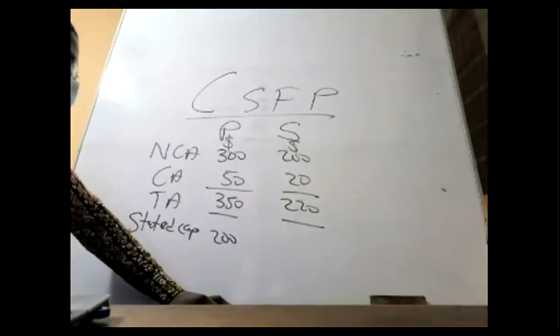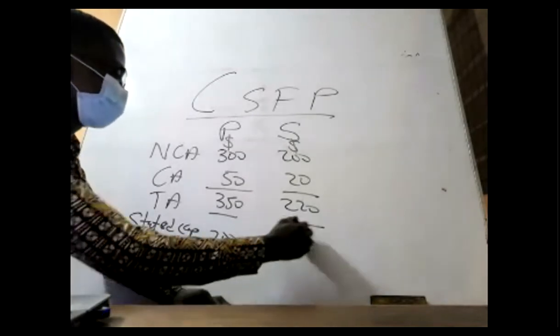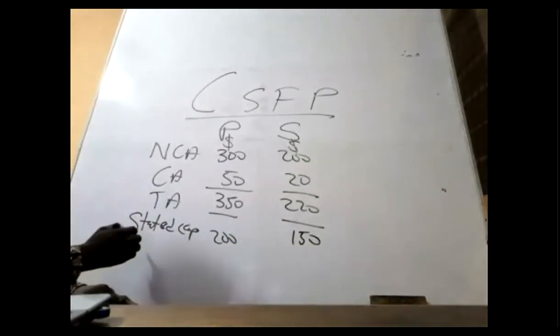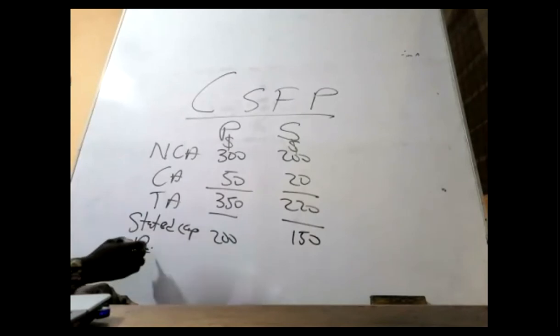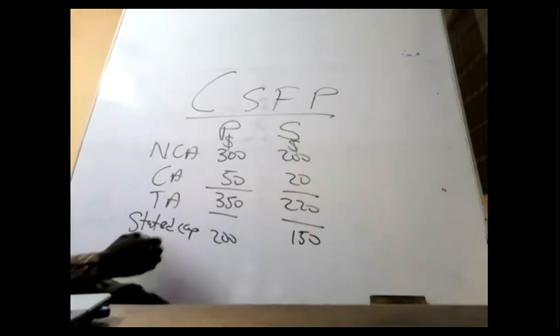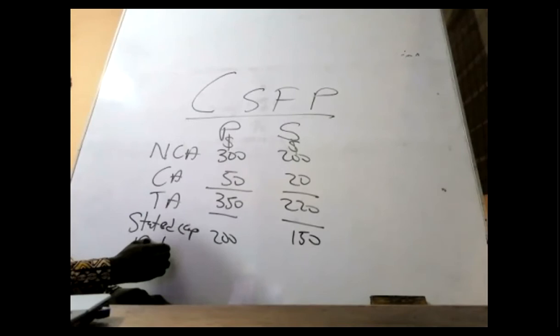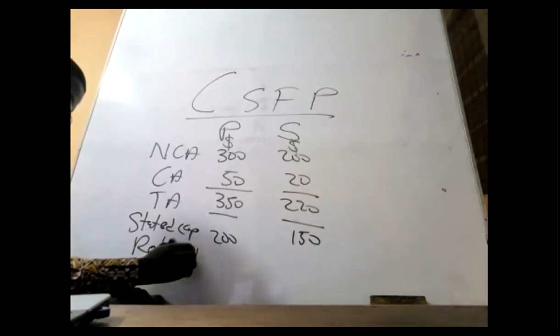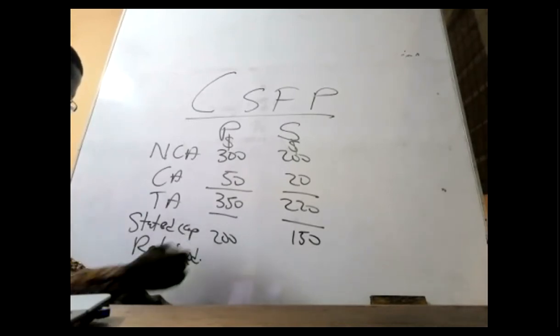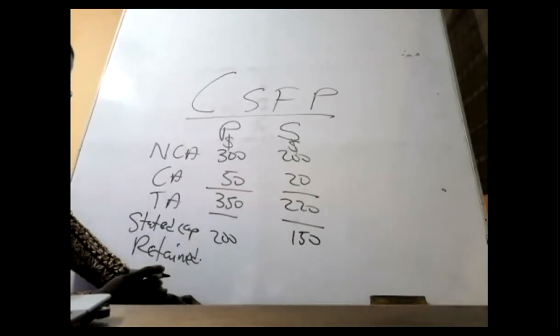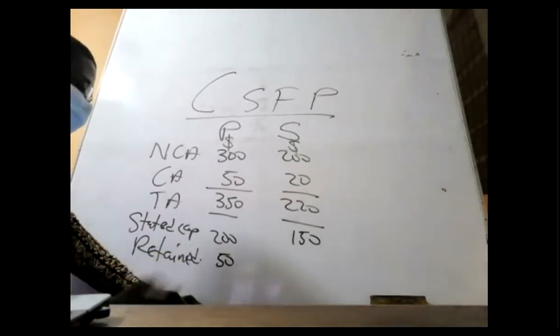This guy, the stated capital is 150. Let's assume that the retained earnings, this guy's own happens to be 50.